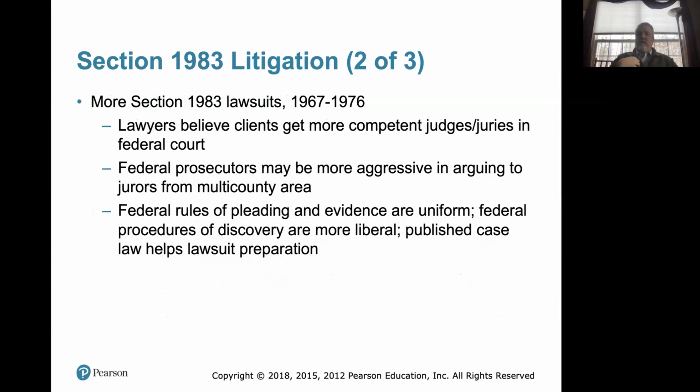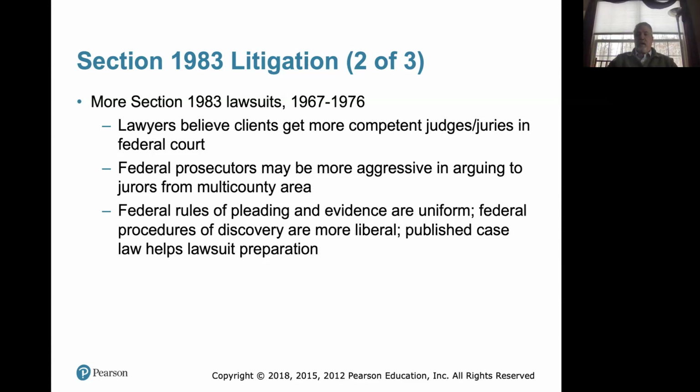They're less likely to feel any pressure from people in the community who necessarily wouldn't be sympathetic to the lawsuit. The jurors would be federal jurors, probably in locations that don't come from the actual state or locality where the alleged misconduct occurred. So you're more likely to get an objective judge or jury.